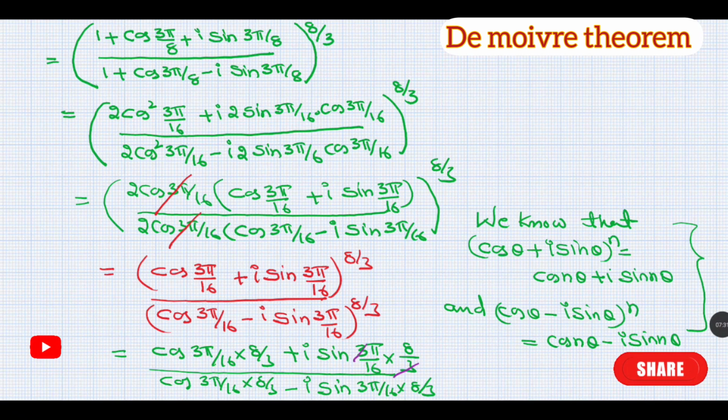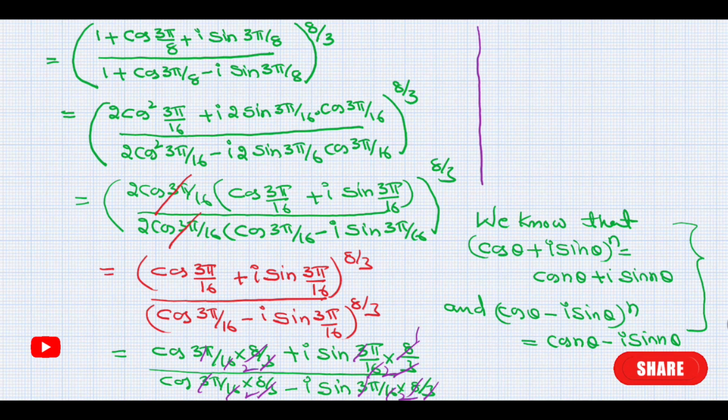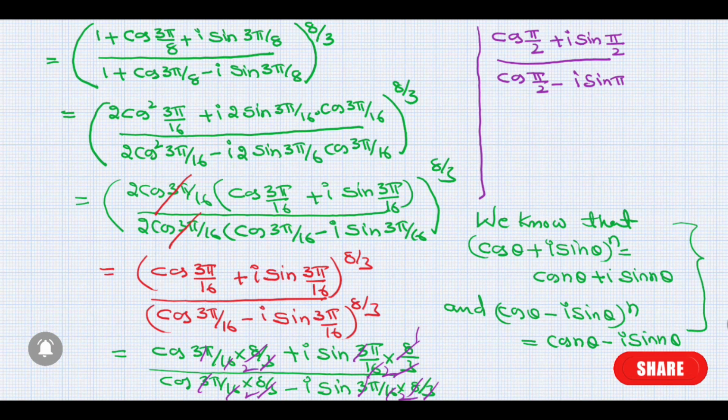Here 3 cancels, 3 cancels. 8 ones are 8, 8 twos are 16. Then we get the next step: (cos π/2 + i sin π/2) / (cos π/2 − i sin π/2).